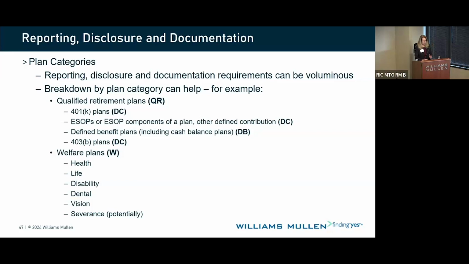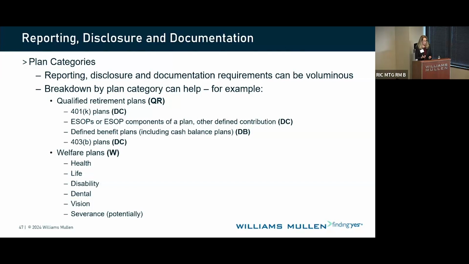Qualified retirement plans, obviously, are 401(k) plans and pension plans. ESOPs, or ESOP components of a plan, are defined contribution plans, and ESOPs have a number of additional or quirky requirements. Cash balance plans are a type of defined benefit plan.